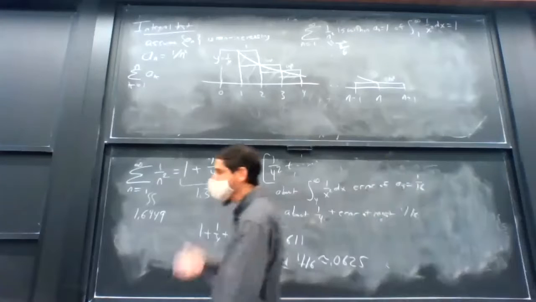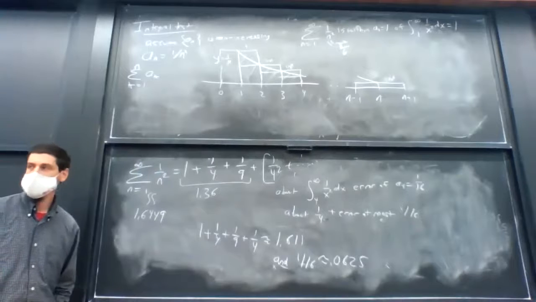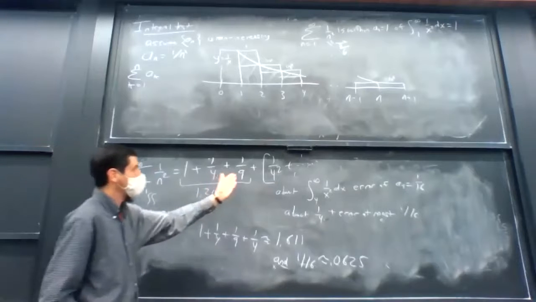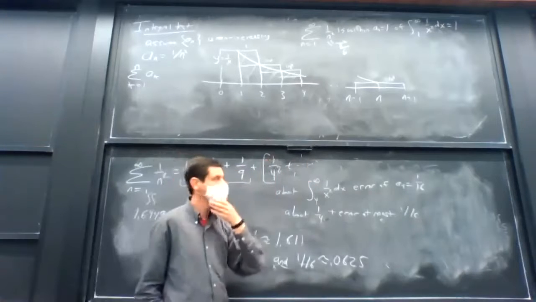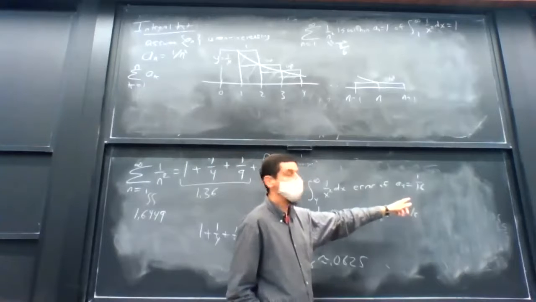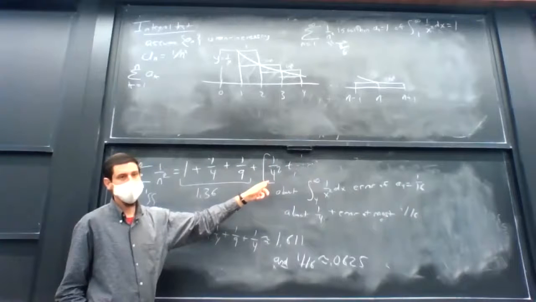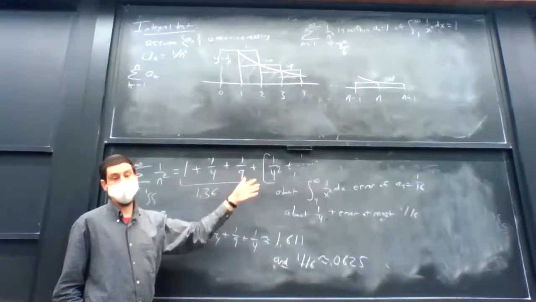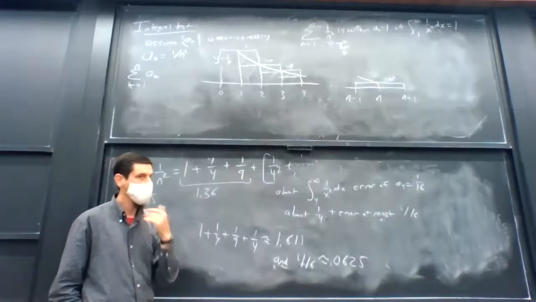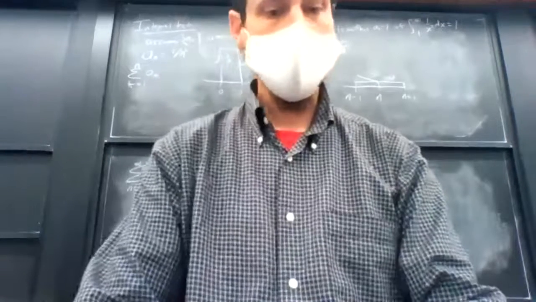So what if you wanted to do a little bit better? What would you do instead? You do a few more terms. And the terms are getting smaller and smaller. And you can say, hey, wait a minute, my error is basically the first term I don't keep. So if I go all the way and do the first 10 terms, my error is going to be 1/10 squared. That's going to be of size 0.01.